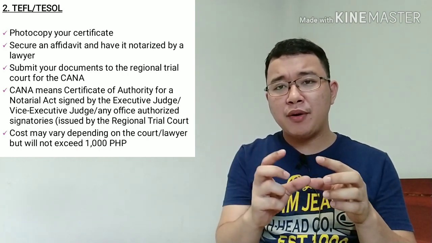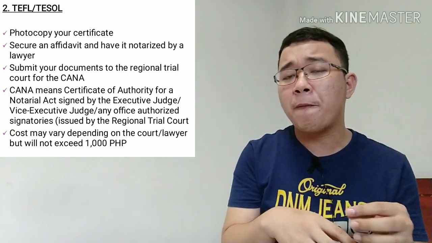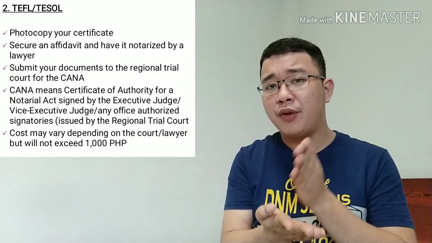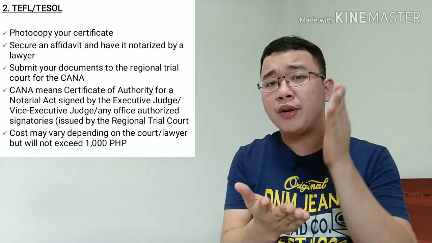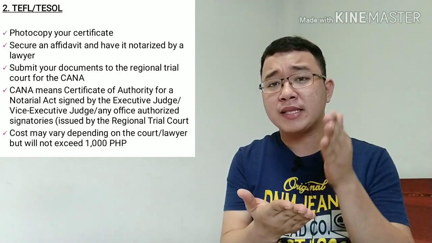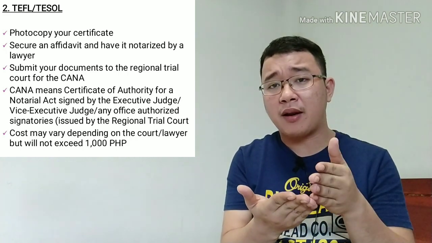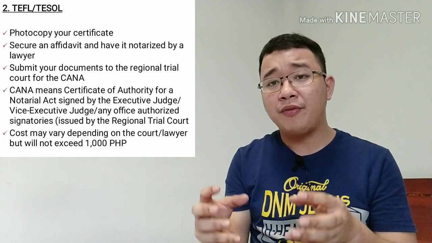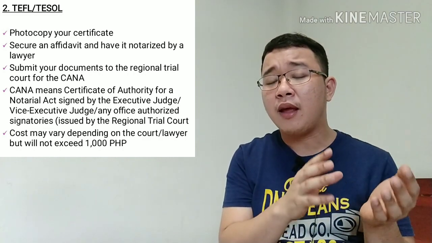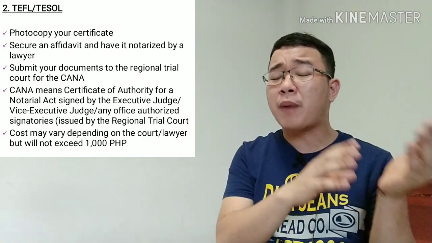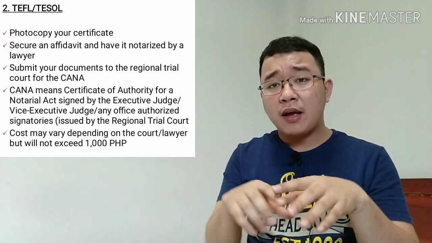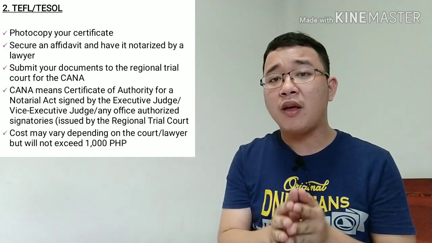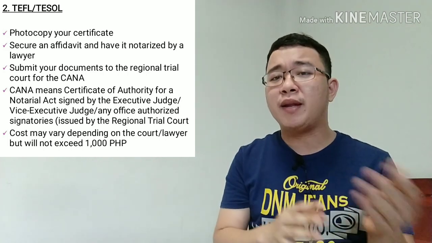So after you have had your certificate notarized and the affidavit made, you go to the court. Remember also that wherever you had it notarized, you must apply for CANA at the court in that same place. For example, if you had it notarized in Cagayan de Oro, of course, you will also go to the Regional Trial Court of Cagayan de Oro. You cannot have it notarized in Cagayan de Oro and then apply for CANA in Cebu or Manila. That is not allowed, because the lawyer is outside the jurisdiction of the court. So wherever you had it notarized, you must also apply for CANA there.